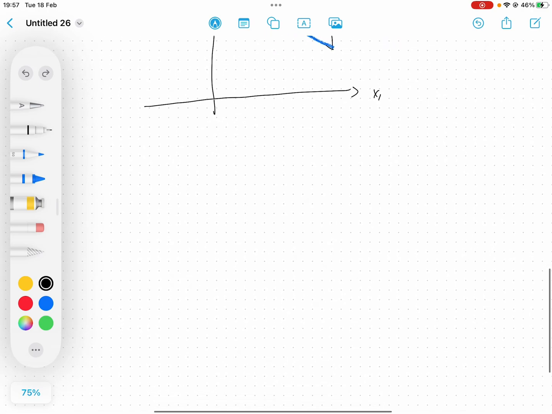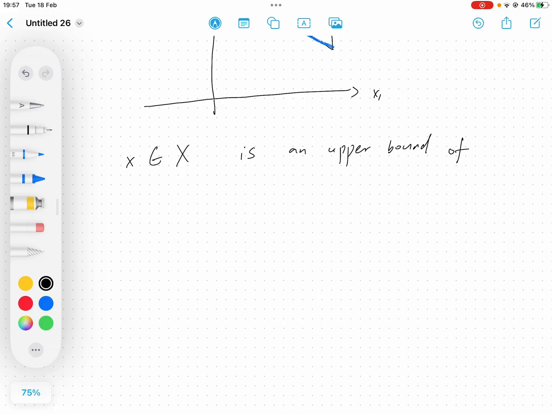Okay, good. So let's say little x, we call this an upper bound if for all y, which is also a point in S, we're always going to have this binary relation x then y.